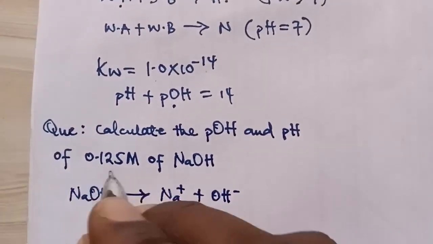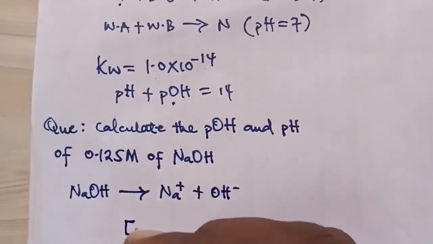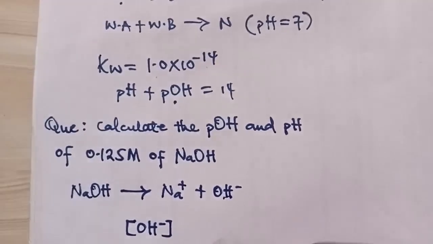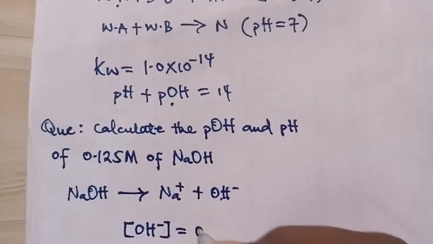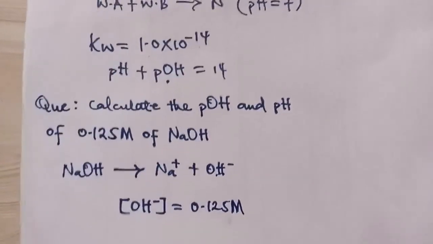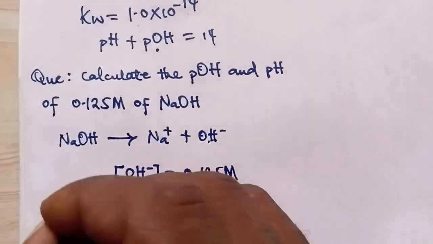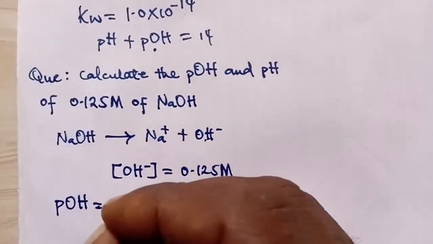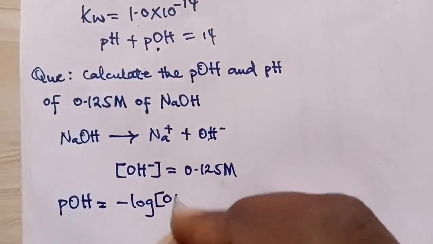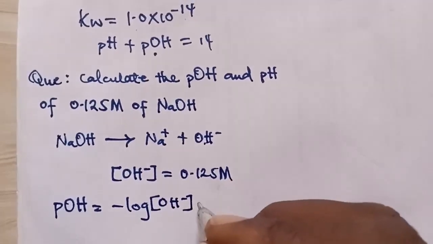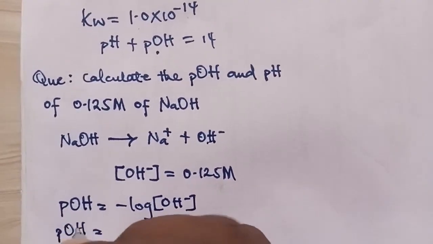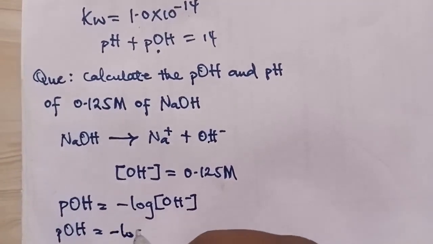What this statement means is that the concentration of this hydroxyl ion is 0.125 molar. So because of that, remember we said that pOH is given as negative log of the OH minus hydroxy ion concentration.